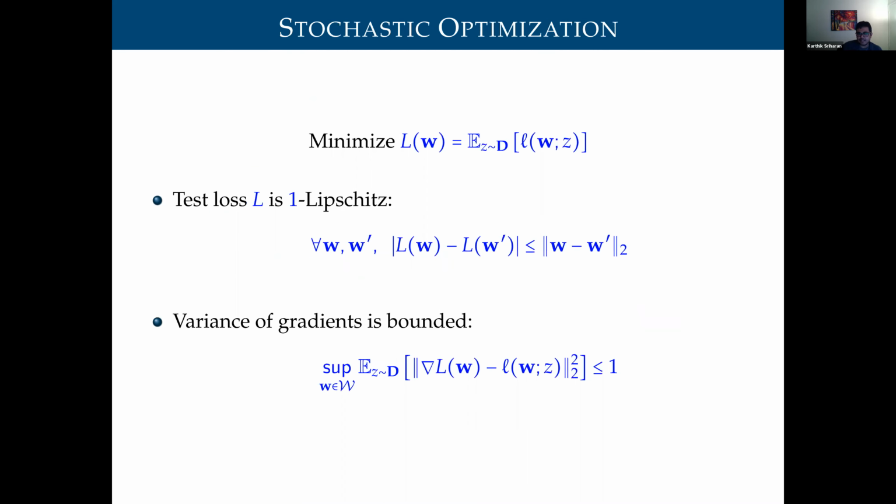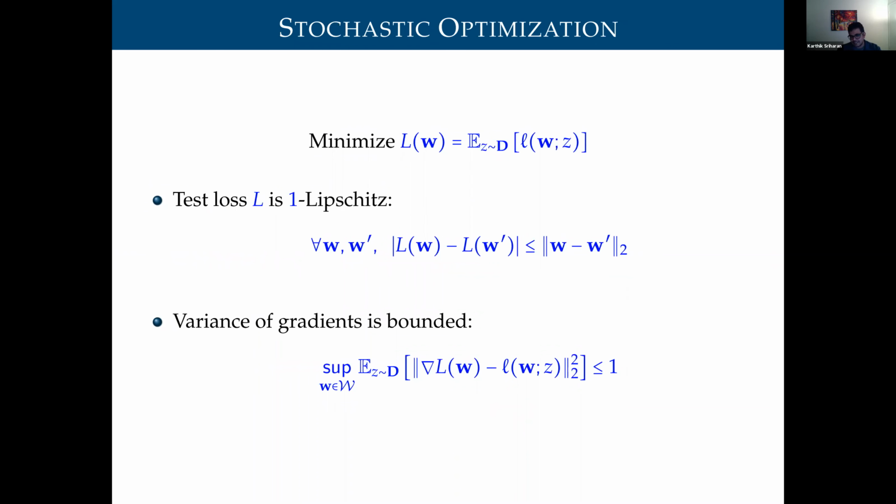And specifically for this talk, I'm going to assume two things. I'll assume a little bit more than just these two things, but definitely I'm going to assume these two things, which is that the test loss capital L is 1 Lipschitz. Again, the constant 1 is just for the talk. You don't really need it to be 1 Lipschitz. It just needs to be Lipschitz.